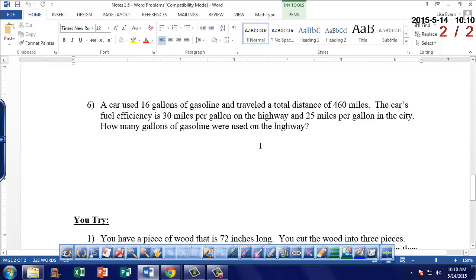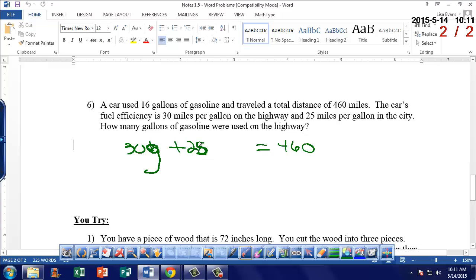Okay, we know we're traveling a total distance of 460 miles. We know we're going to have some highway miles and some city miles. Okay, we have both. Now the fuel efficiency is 30 miles per gallon on the highway. So I'm going to do 30 miles per gallon for the highway plus 25 miles per gallon for the city.